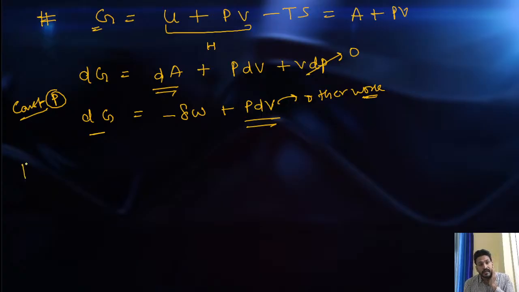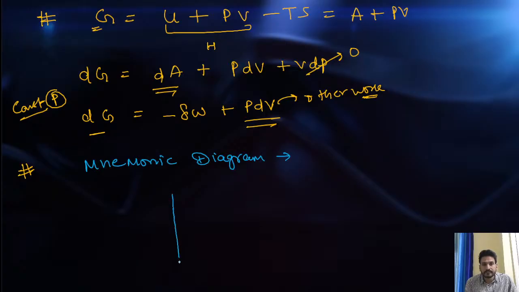So I hope that you are aware of these relations, but with the help of a diagram you can remember them. That diagram is called the mnemonic diagram. What is the mnemonic diagram?